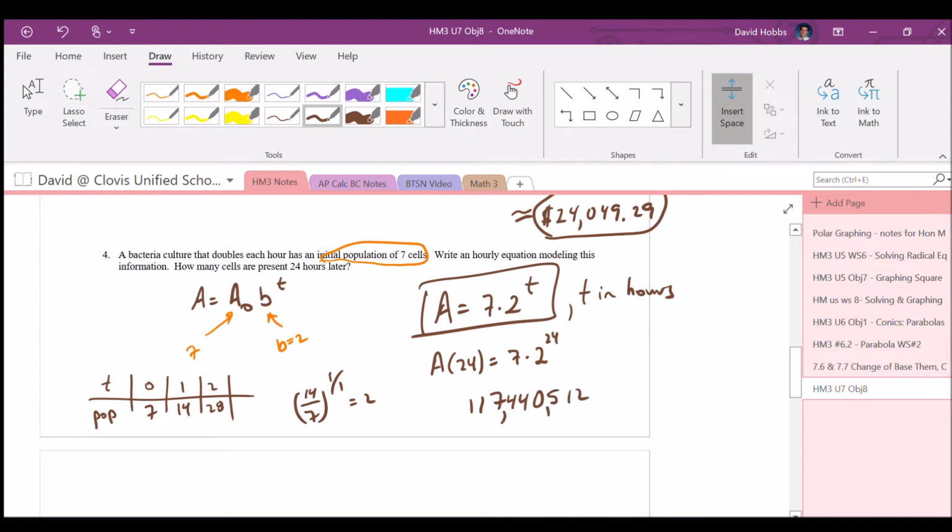Put the commas in the right places. Now this is kind of a simplified situation for the bacteria. It's a little bit more complicated than that, but bacteria is a very serious thing because they multiply so quickly. And this gives you a sense of why we do need to take things like that seriously.